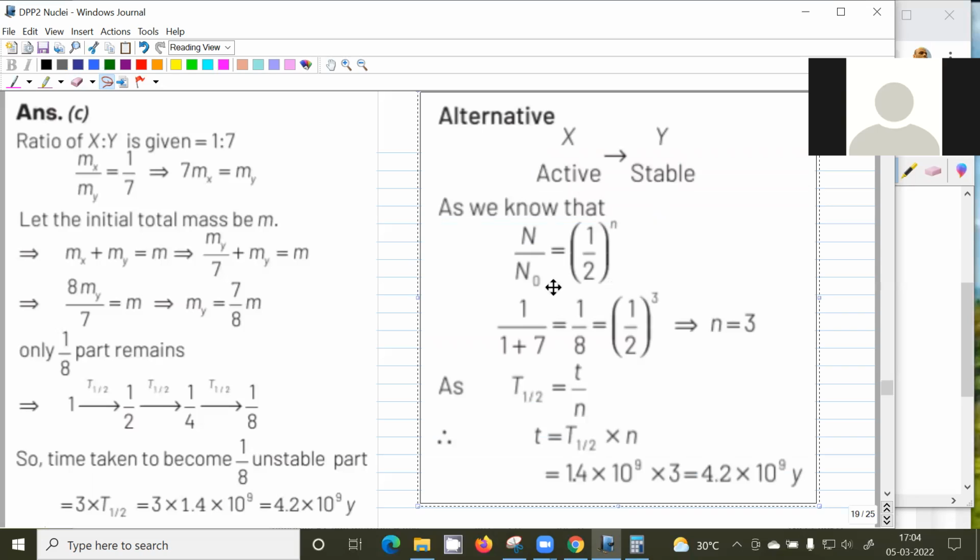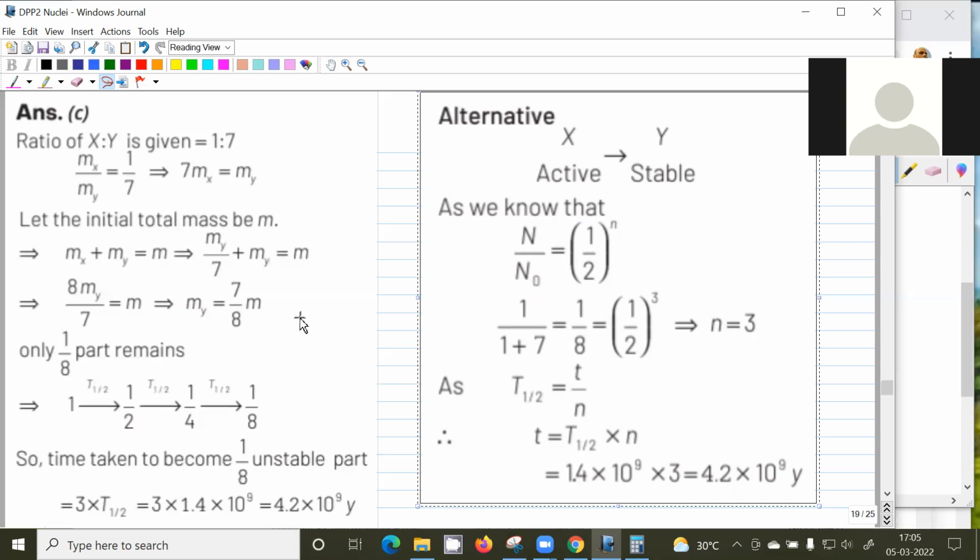So X to Y, n by n naught is half is equal to n. Okay, n naught is 1 plus 7. This is shorter. Okay, here mx is 1 by 8. So he's assuming that the initial mx is m.